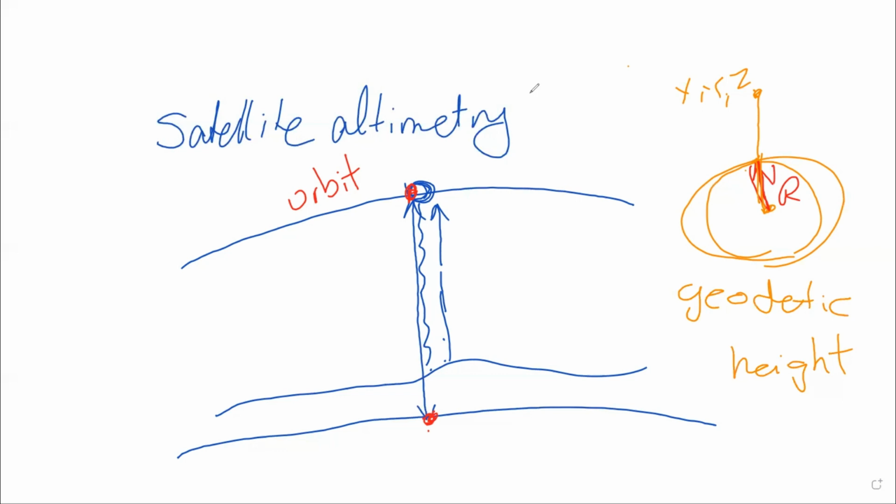And what do we measure? We measure the distance from the satellite down to sea level. There is something missing here. You see here. Something is missing because we do not have the height of the sea from the ellipsoid.